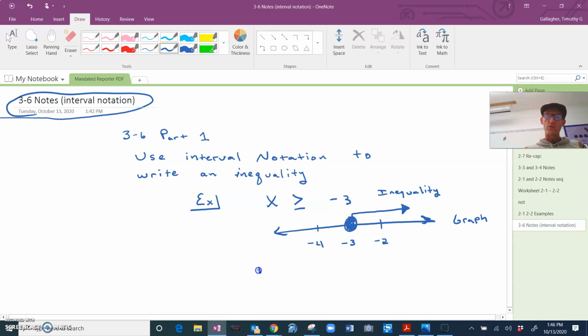Now the interval notation, and I'll show you this example and then I'll explain it. The interval notation for this inequality is this. It's a bracket, and then it's -3, and then it's a comma, and then it's infinity, and then it's a parentheses.